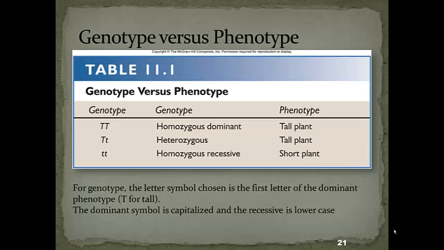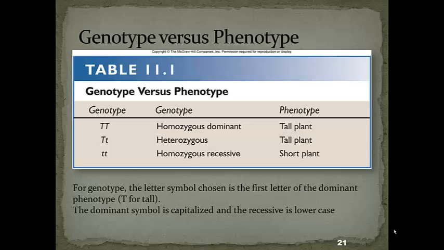Okay, so genotype refers to genes. Phenotype is the physical appearance, the physical manifestation of the trait. So tall, short, purple, white. What effect does that gene have?